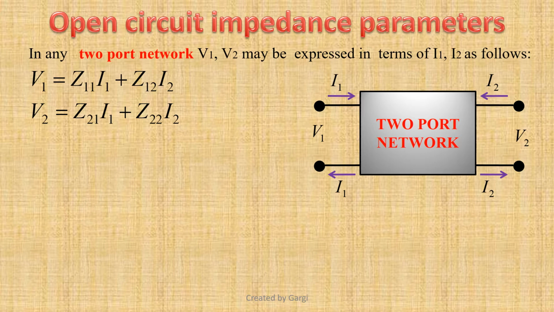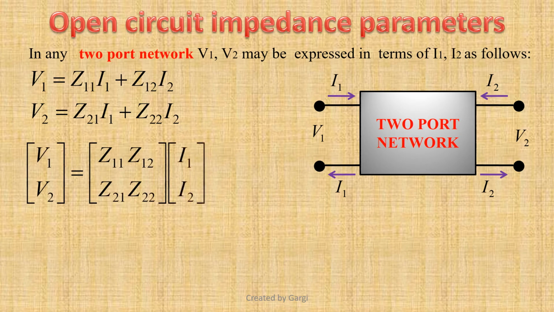These two equations can be written in matrix form as follows. Matrix of V1, V2 equals matrix of Z11, Z12, Z21, Z22 into matrix of I1, I2.